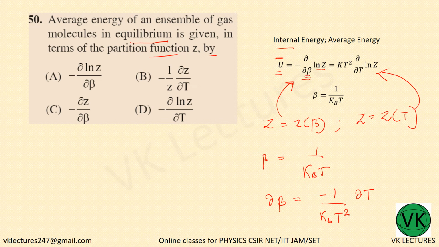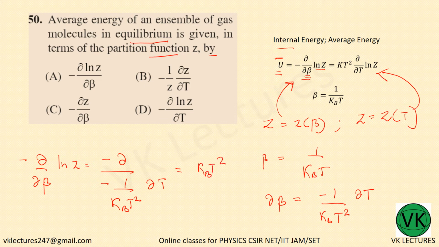What you are getting is, minus dou by dou beta of log z is equal to minus dou by, instead of dou beta we write minus 1 divided by kB T squared into dou T. That is nothing but, minus gets cancelled, so kB T squared into dou by dou T of log z.